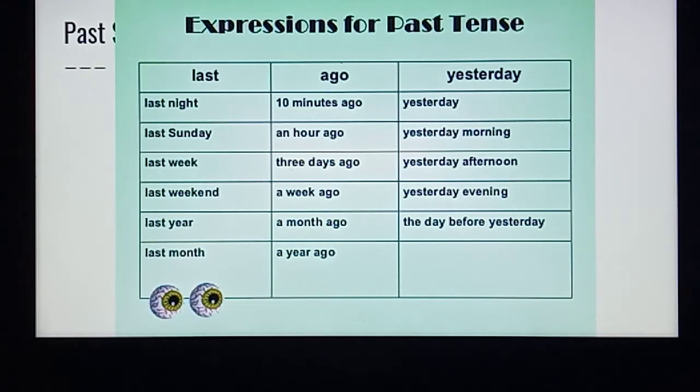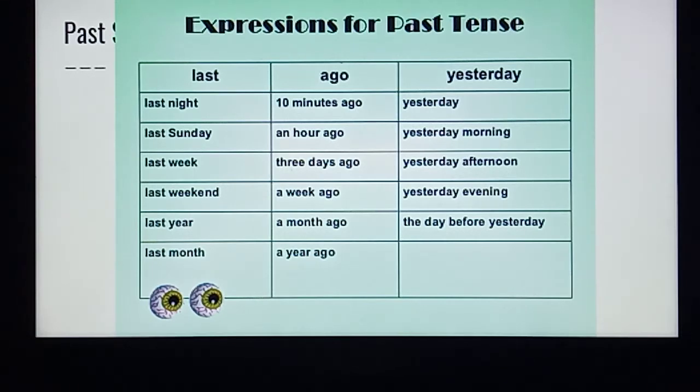Now, we'll read the first column. Last. The second column is ago. The third column is yesterday. So let's start. Last. Last night. Last Sunday. Last week. Last weekend. Last year. Last month.